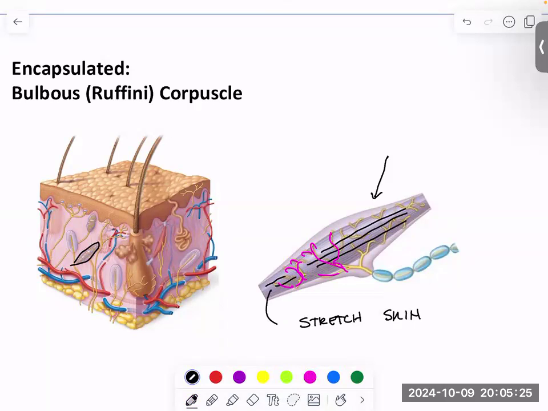Ruffini's corpuscle detects skin stretch. They also say skin sliding, like when somebody moves, deforms your skin a little bit, that's not really stretching, but they're stretching the skin, they're stretching the dermis. Ruffini's corpuscle.